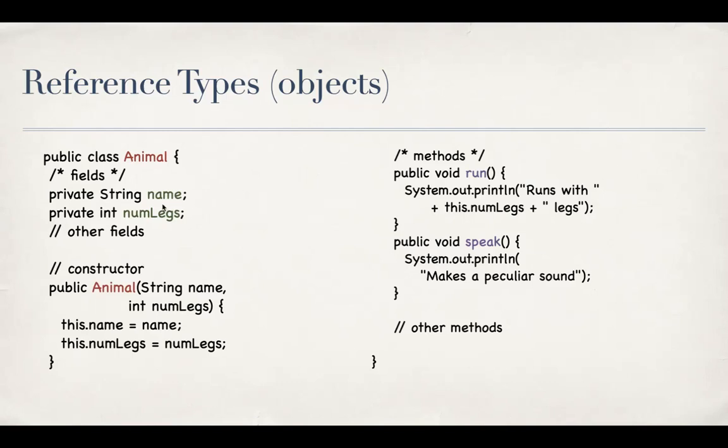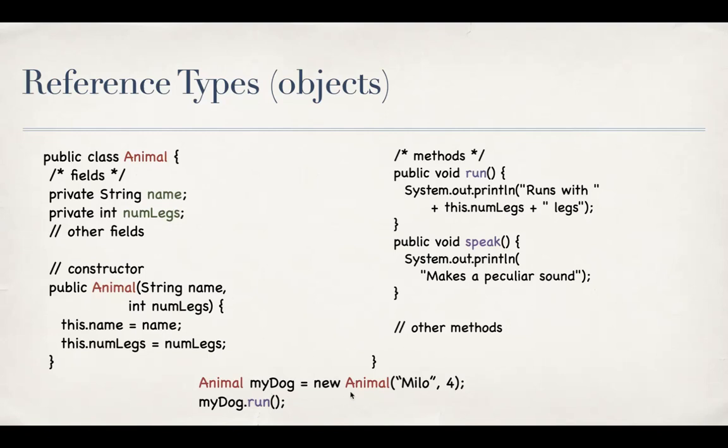All right. Okay, so we have created a class Animal. It has two fields, name and numLegs, a constructor, and then two methods, run and speak. How do you use this class? You can create a dog like this: Animal myDog equals new Animal, and then with two parameters. First one is the name, let's say Milo, and the second one is the number of legs, let's say 4.